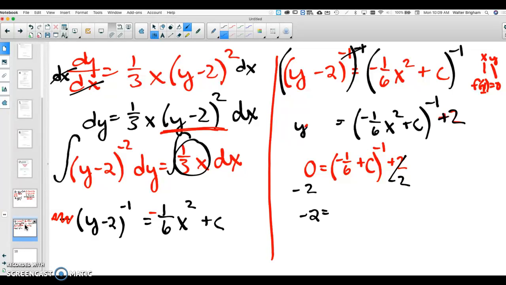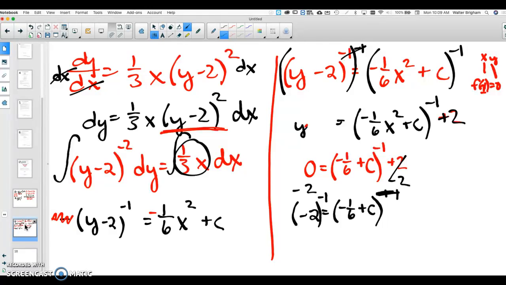Negative 2 equals negative 1/6 plus c to the negative 1. Okay, got to get rid of that negative 1 power. So I'm going to raise both sides to the negative 1. I'm not even going to simplify this one. I'm going to do this 2 different ways.